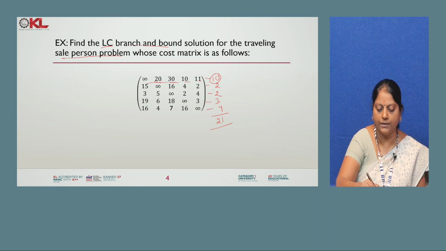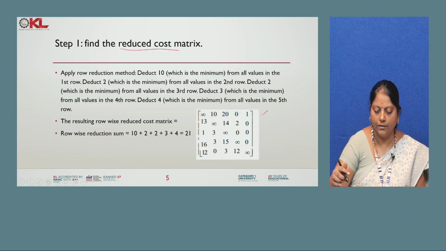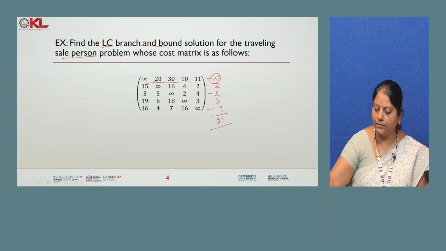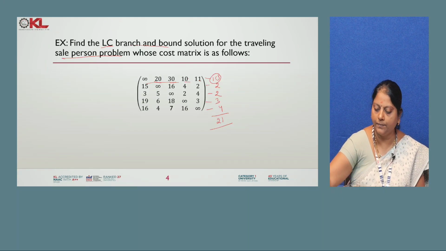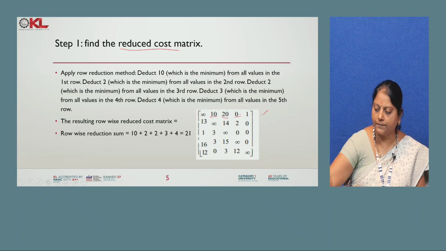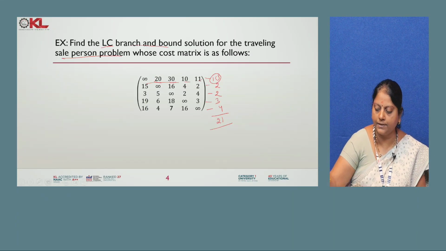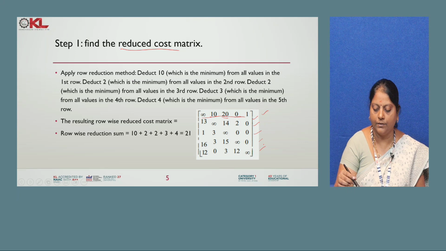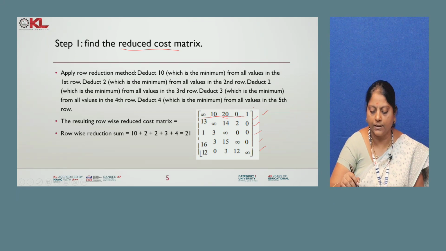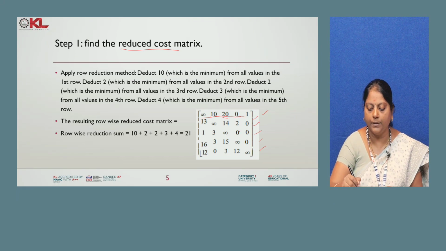So 20 minus 10, what do we get? 10. Next 30 minus 10, what do we get? 20. Next 10 minus 10, 0. Next 11 minus 10, we get 1. Apply the same process for the remaining rows. We have to check that there is at least one 0 in each row.